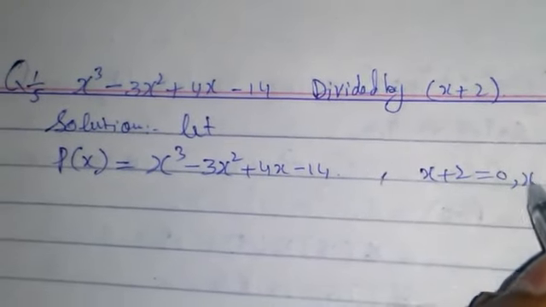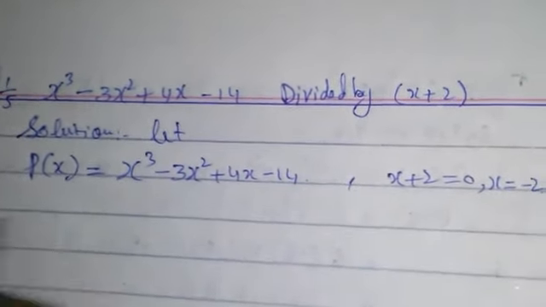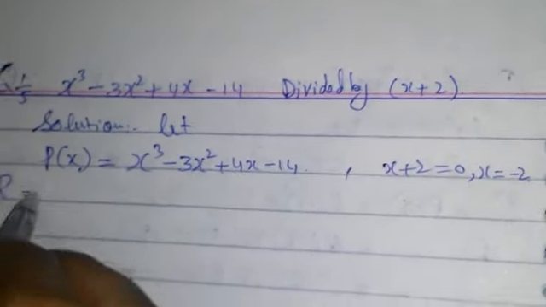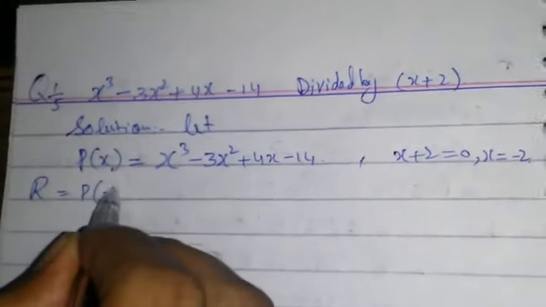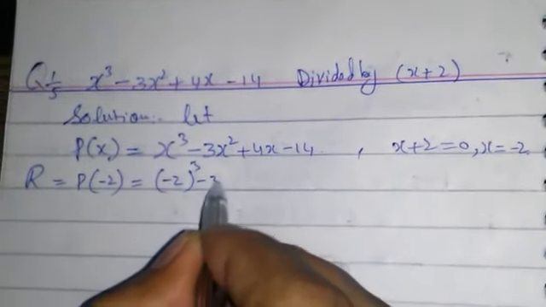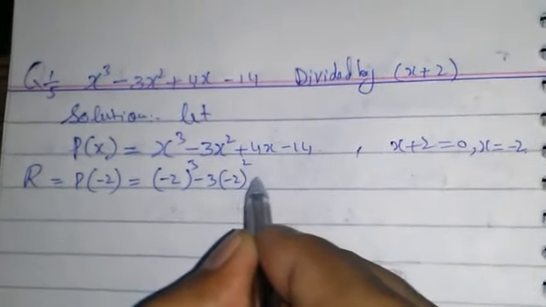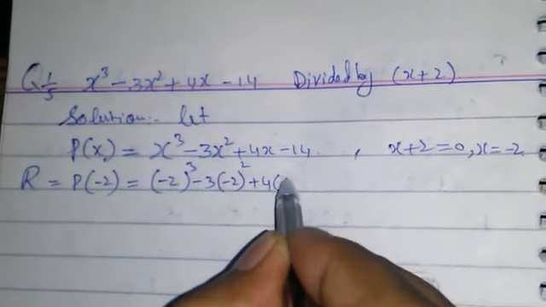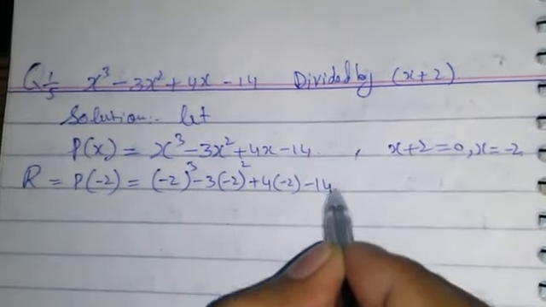This implies x is equal to minus 2. Remainder r is equal to p of minus 2, which is equal to minus 2 cube minus 3 into minus 2 square plus 4 into minus 2 minus 14.